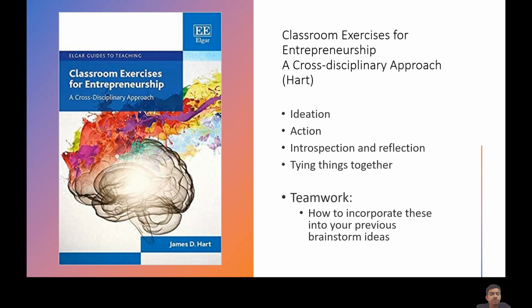There should also be a space for introspection and reflection, and finally tying everything together. So how close are we? I mean, does our class align with this proposal from Hart? And once again, how can we incorporate these ideas into your previous brainstorming sessions?